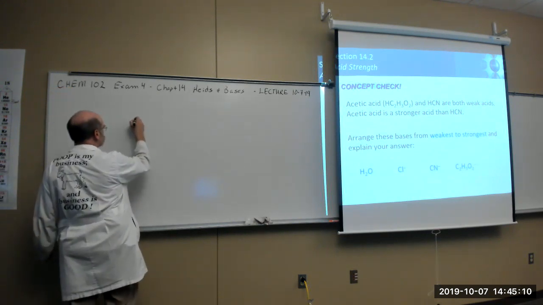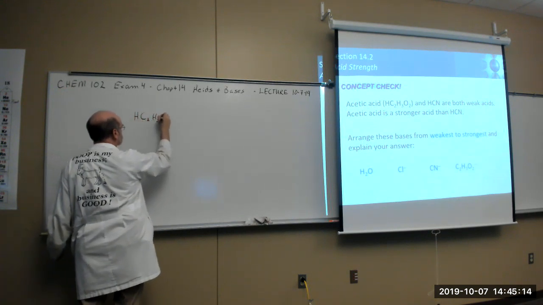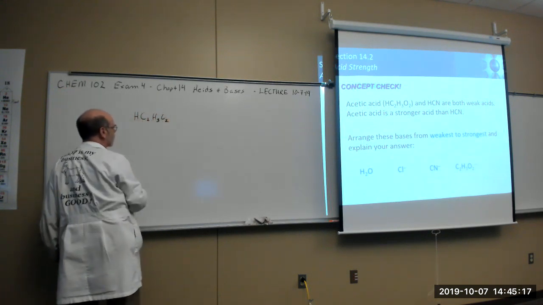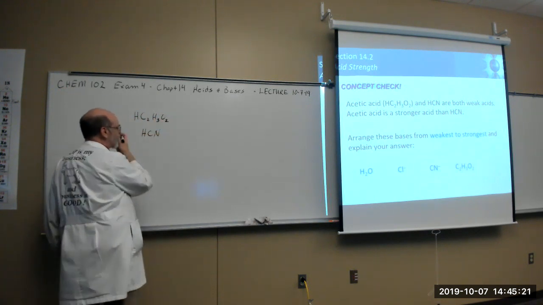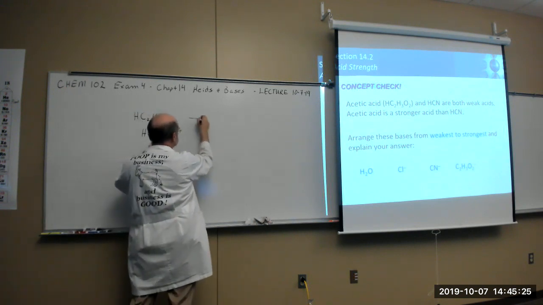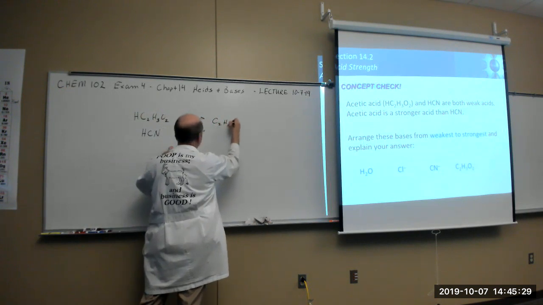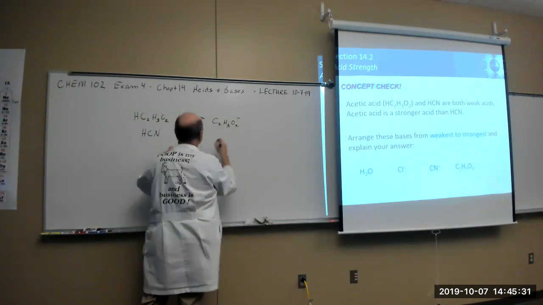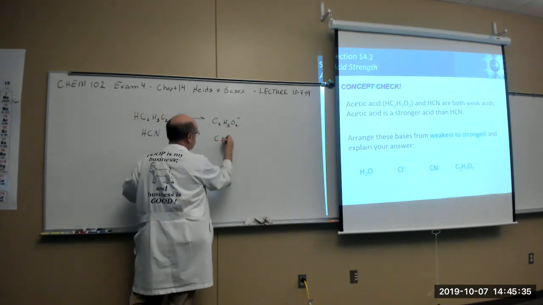So if acetic acid is there, and HCN is here, then what do they produce when they dissociate? So they produce this one. I'm not writing out the full reaction. And they produce this one.